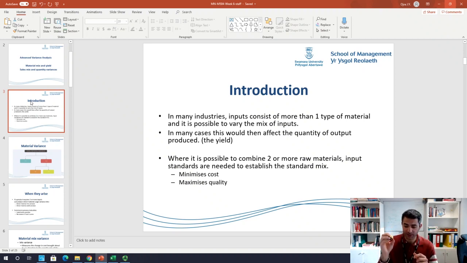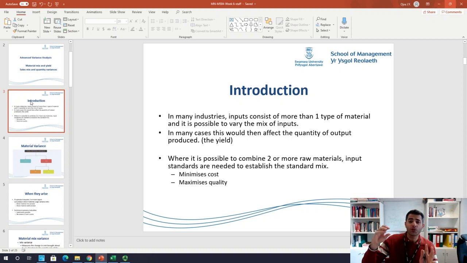These are materials, more than one as you see, and they could be interchangeable. Interchangeable means we put more chocolate than nuts, or more nuts than chocolate, and so on.